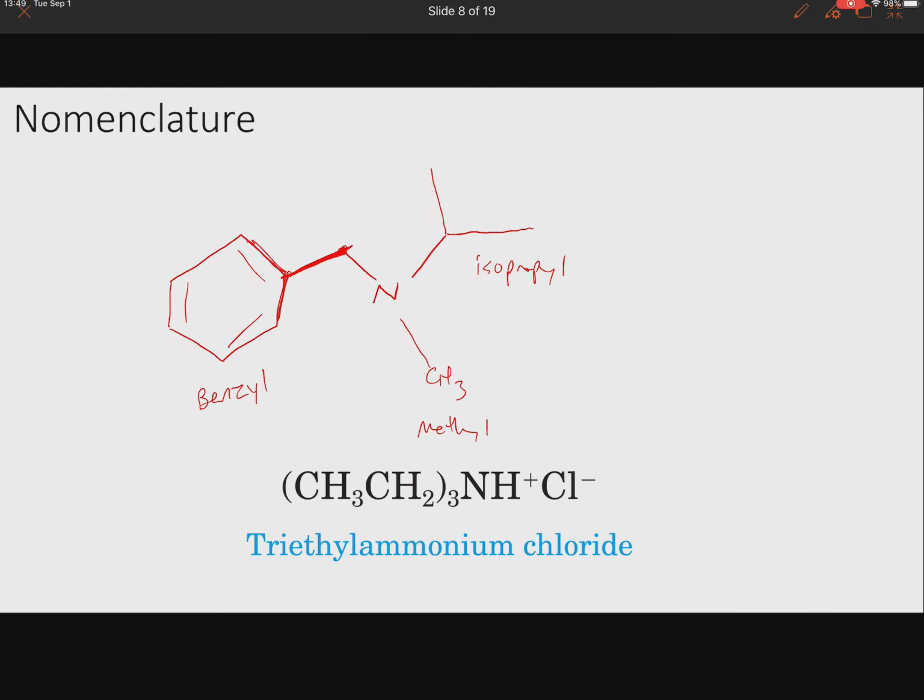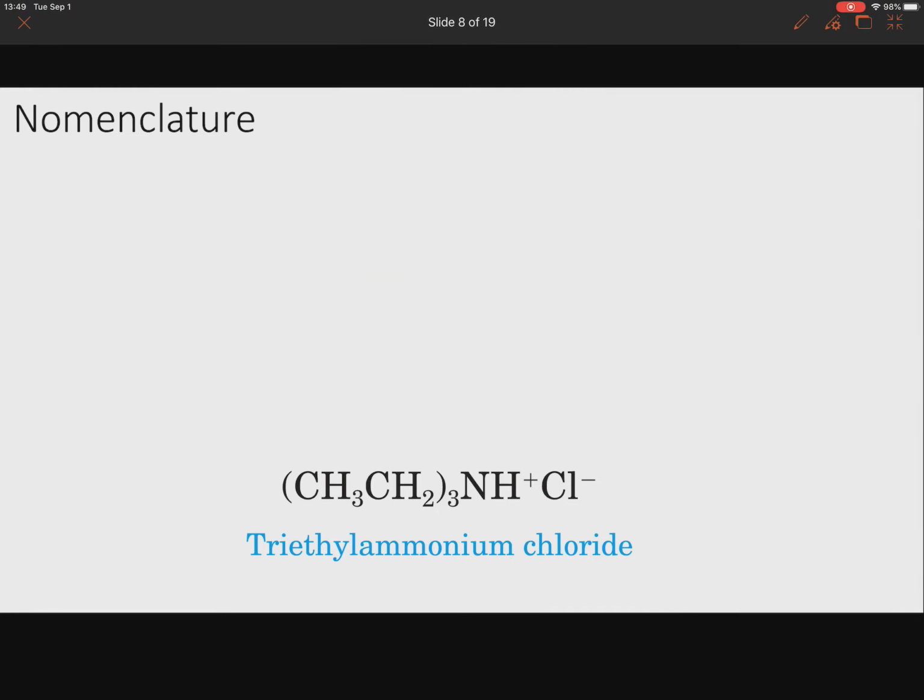All right, let's talk about amine salts. When 4 atoms or groups of atoms are bonded to a nitrogen, as an example, we could look at this guy. It's not drawn out. Let me show you the structure.